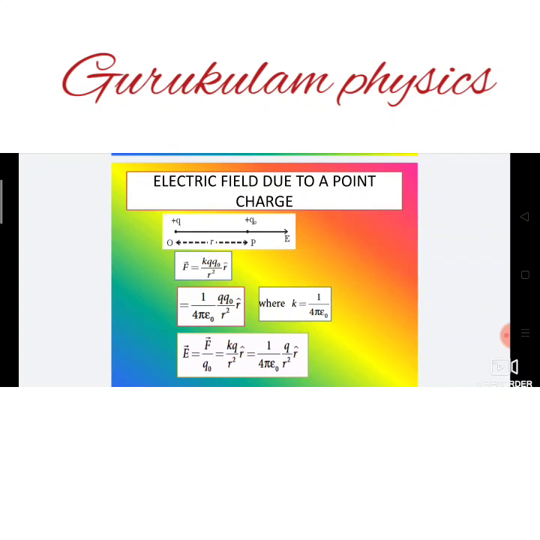Therefore, substituting the value of k, E is equal to 1 by 4 pi epsilon naught, q q naught divided by r square r cap, whole divided by q naught. Q naught gets cancelled, and we get the remaining values. The value of E vector is equal to 1 by 4 pi epsilon naught, q by r square into r cap. It is an expected 3-mark question: determine the value of electric field due to a point charge.